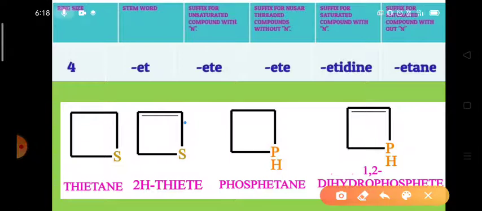And for the unsaturated one, 1, 2, 3 and 4, it becomes 2H-thiete.